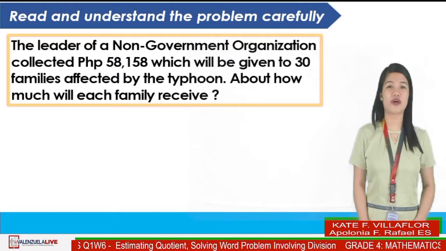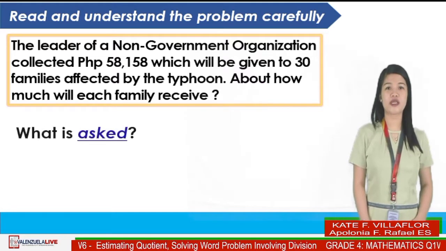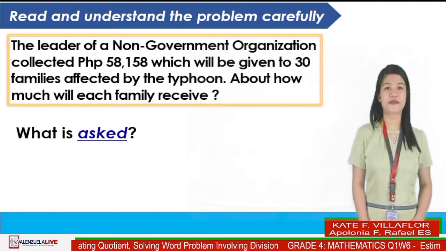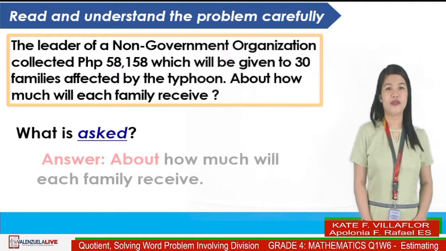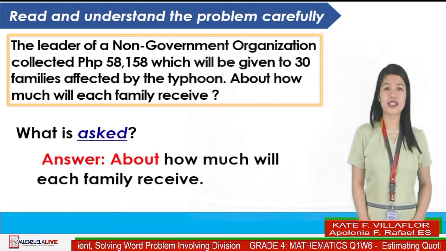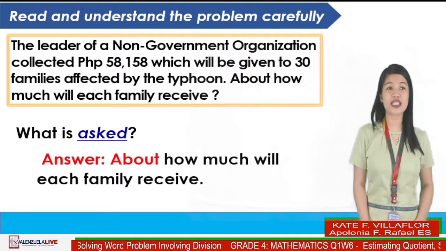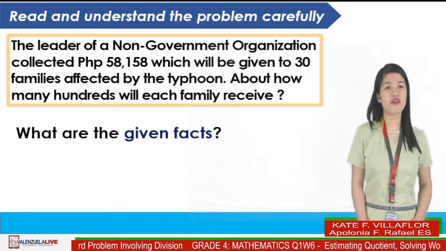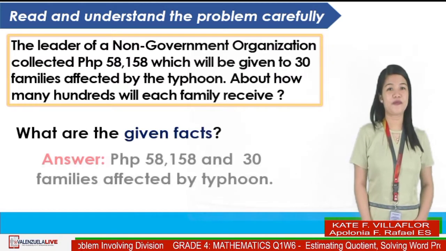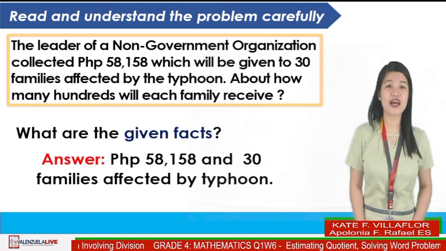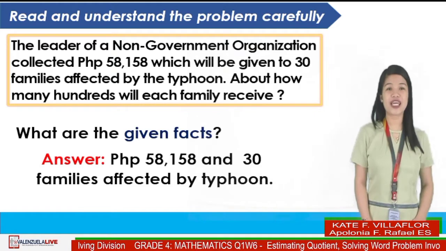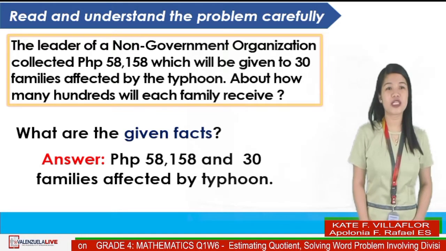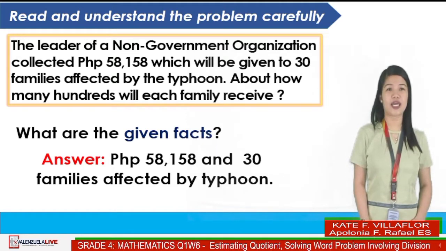Let's answer the following questions. First, what is asked in the given problem? Very good. The answer is about how much will each family receive. Next, what are the given facts? Great job. The answer is 58,158 pesos and 30 families affected by the typhoon.